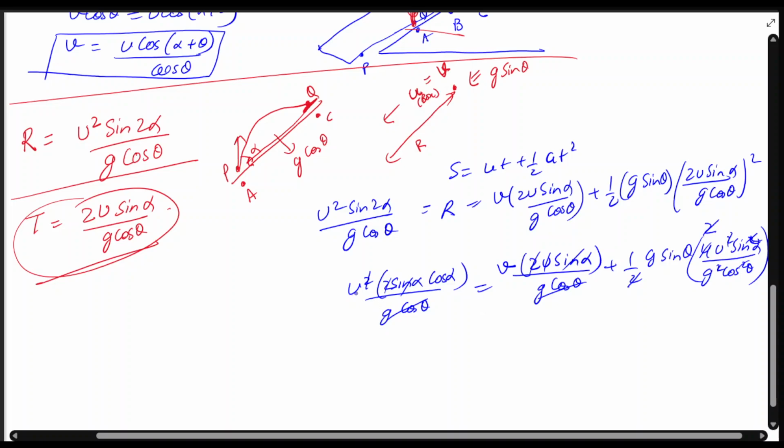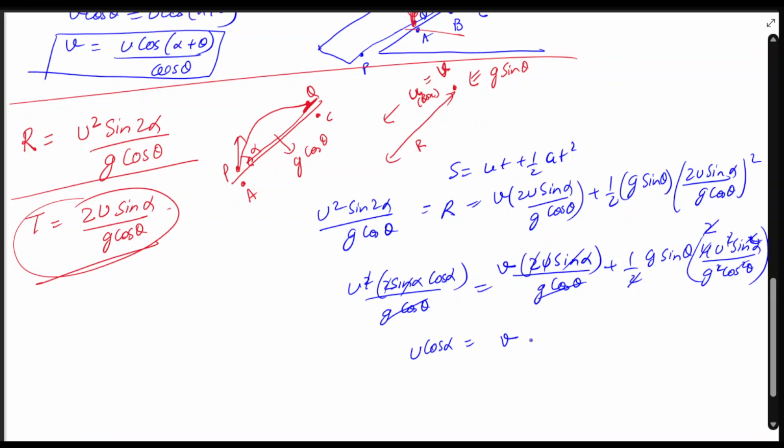So we are left with u cos alpha equals to, here we will have only v, okay, perfect. Plus here, 1g we have already cancelled, and 1g will get cancelled here. So there is no g, so it will be sin theta, 2 also gone. We have u here, sin alpha here, and cos theta here.